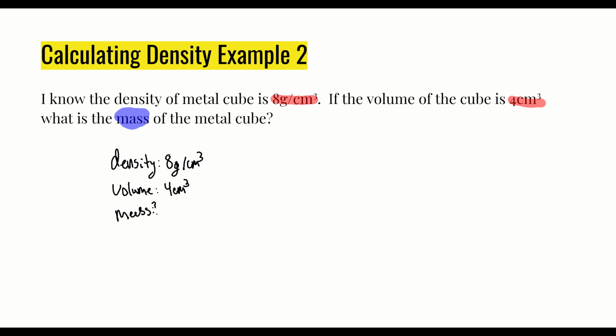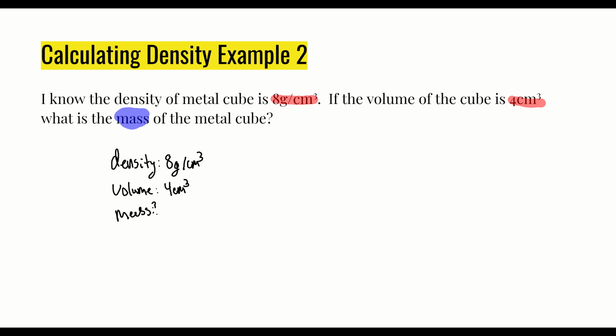So this one, you don't have that equation already solved for you, so I'm going to help you out on this one. Now, we said that density is the amount of stuff we have in a given amount of space. Now, we know that we have 4 cubic centimeters of space. And you can think of density as a ratio, in which I have 8 grams of stuff for every cubic centimeter. So that means I have 4 cubic centimeters.